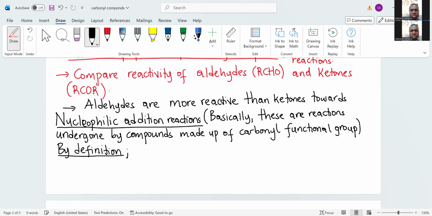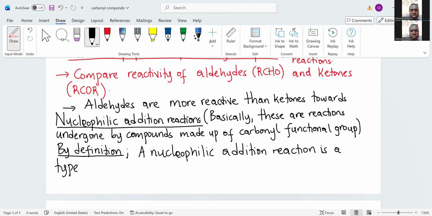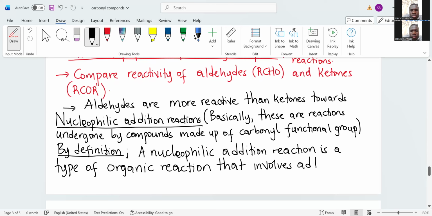So technically, by definition, a nucleophilic addition reaction is a type of organic reaction that involves addition of a nucleophile. A nucleophile is an electron-rich species.